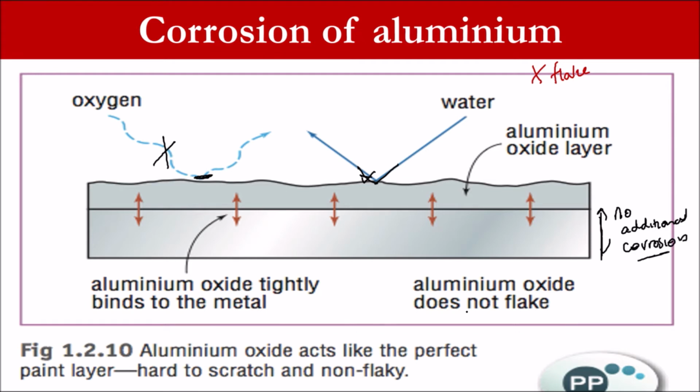Okay, so that's what we have there. And also the aluminium oxide binds itself really closely with the aluminium metal. Again, as we said, that prevents water and oxygen from going through into the metal, causing more rusting.